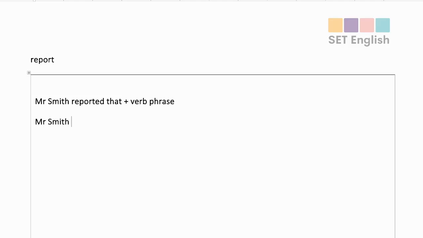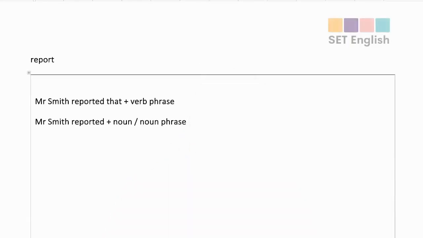And Mr. Smith reported, this is where it gets a bit confusing. Sometimes people follow it with a verb phrase, but it can also be followed by a noun or a noun phrase. And it's probably a good idea to keep those separate. It's probably a good idea to say report we'll use with nouns and reported that we'll use with verb phrases. And I'll show you what I mean.